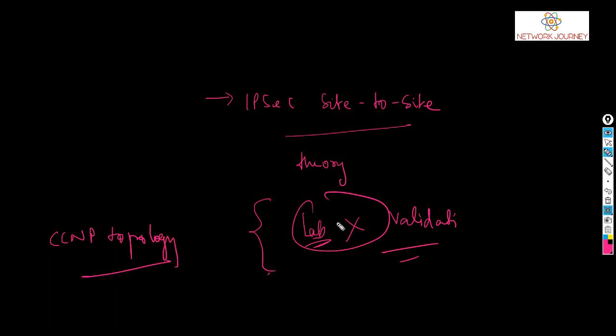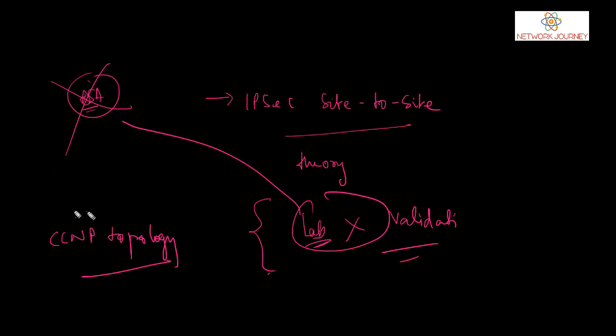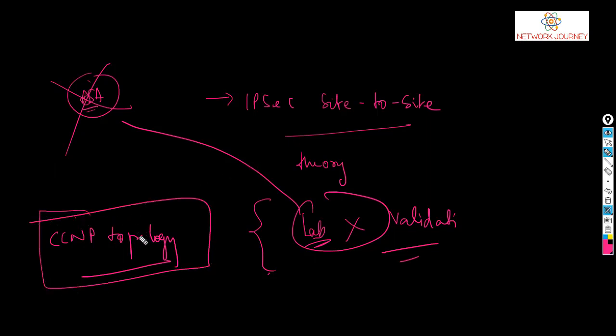If you remember, I showed you this lab on some other topology previously, but then I got some queries from one or two students that they don't have this topology, and they requested if I could recreate the same site to site VPN on our CCNP topology itself on the GNS. Keeping that in consideration, I'll recreate the VPN site to site on our topology.